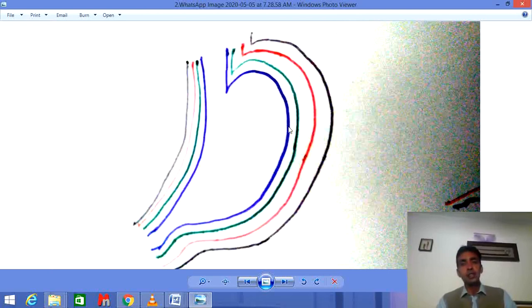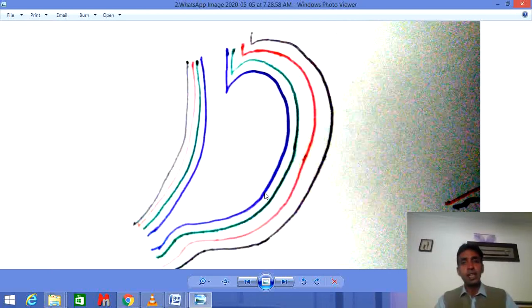The next one is called mucosa. This is the most important layer of the stomach, and it is the innermost layer. It is also made up of three basic layers, but we will learn about that in the next lecture.